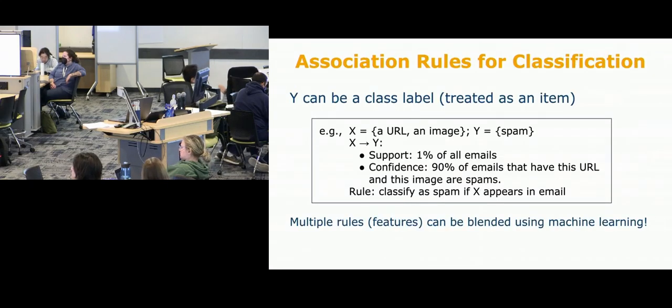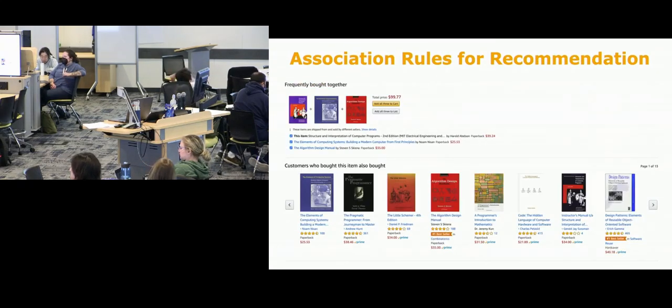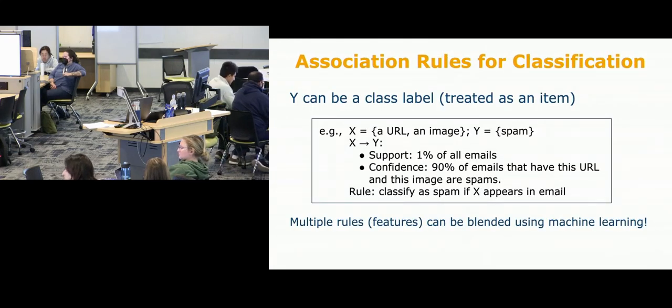But we don't have to stop there. Association rules can also be used for classification. Think about a classification task where Y can be some class label, for example, whether an email is spam or not. And X could be a URL or an image, and you want to classify whether a URL and an image are associated with spam.